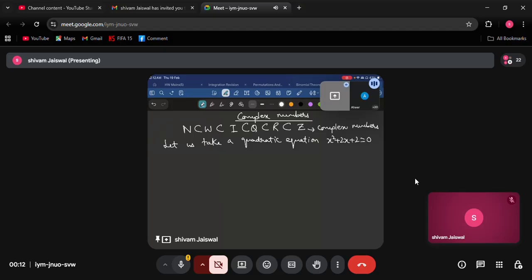When you solve, what are you getting? x equal to minus b plus minus root over b square minus 4ac by 2a, that is minus 2 plus minus root over 4 minus 8, by 2. This will give us minus 2 plus minus root over minus 4. See, this is where the problem arises: you are getting a negative number under the square root. That's why complex numbers were introduced.